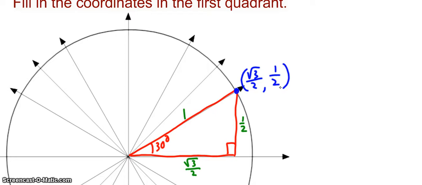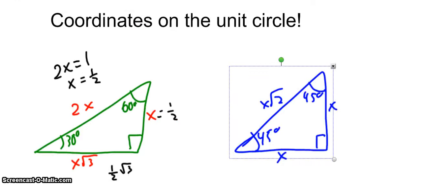Okay. Well, we're going to take that same idea, and this is going to get a little clustered. So if I draw this, we know that that's 1 also. And this triangle is a 45, 45, 90 triangle. So if the x root 2 part equals 1, then I know x equals 1 over root 2.